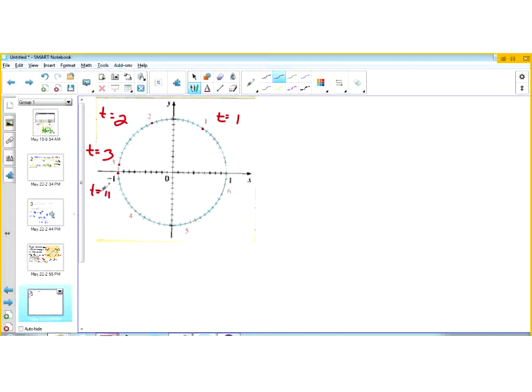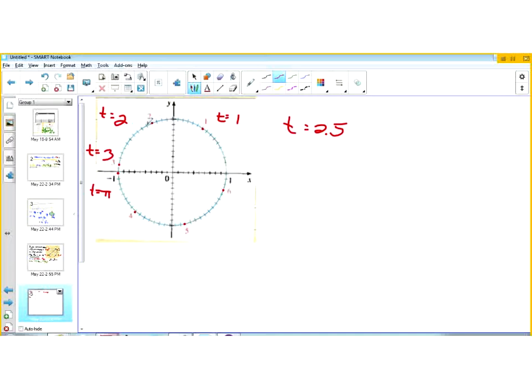So it makes sense, pi being 3.14159, would be slightly further along the unit circle in the counterclockwise direction than t equals 3 is. Okay, terminal point for 4, terminal point for 5, terminal point for 6. And so the question is, if t is equal to 2.5, like we did at the start of the lecture, what is its terminal point?